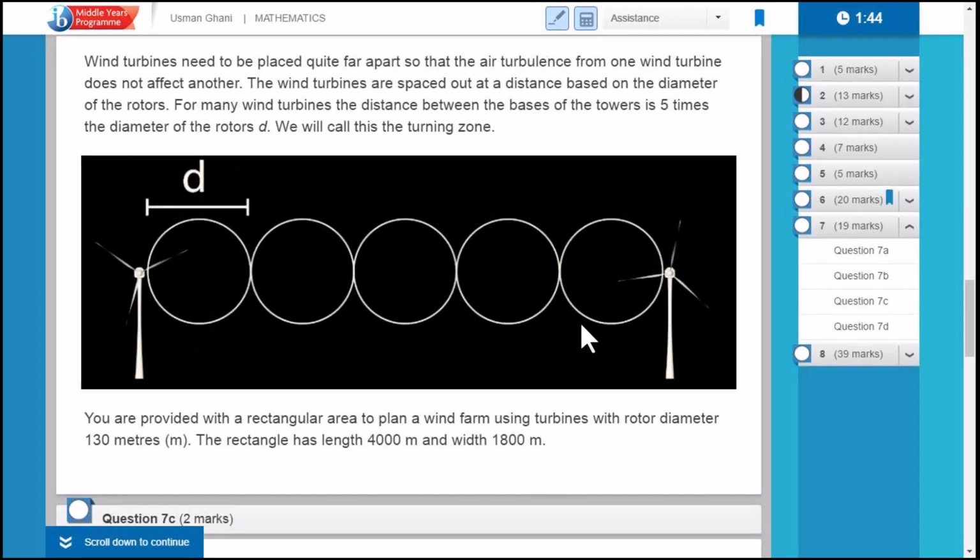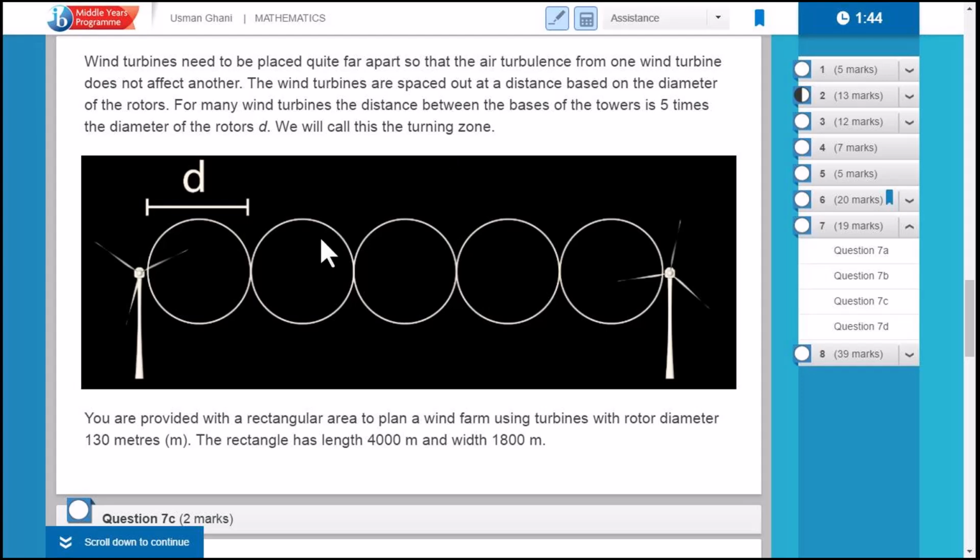Wind turbines need to be placed quite far apart so that the air turbulence from one does not affect the other. Yeah, that's true. The wind turbines are spaced out at a distance based on the diameter of the rotors. From any wind turbine, the distance is generally 5 times the diameter of the rotor.